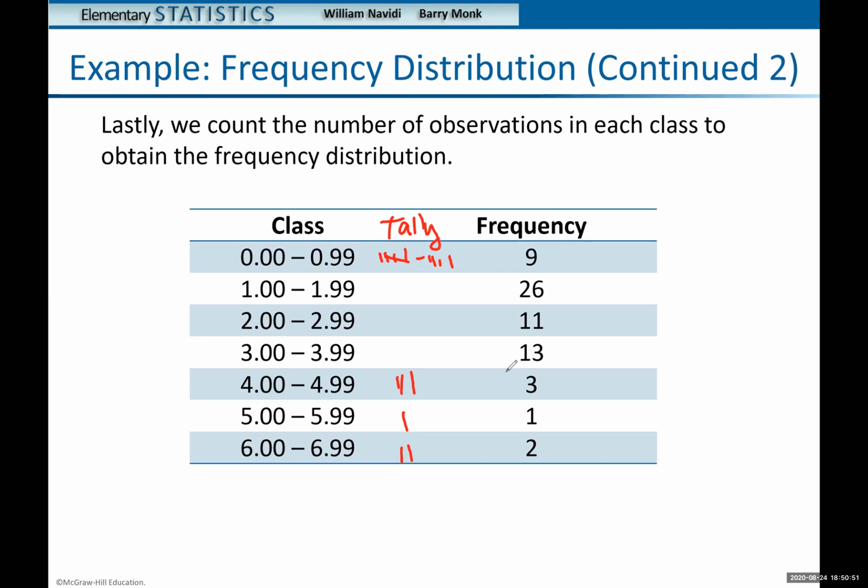And don't worry, I'm not going to ask you during quizzes or tests to tally all those, because I don't want you to spend a lot of time just to tally the numbers, because if you don't get the correct numbers, then everything's going to be wrong. Okay? So I'm just showing you how to get the frequencies. So here you should have a total of whatever your n is. You should have a total of 65 because you have 65 vehicles.